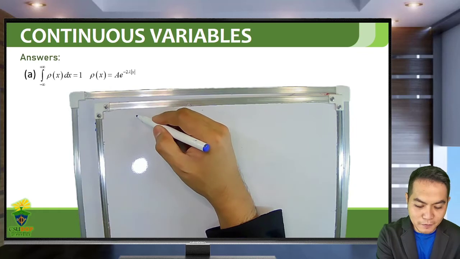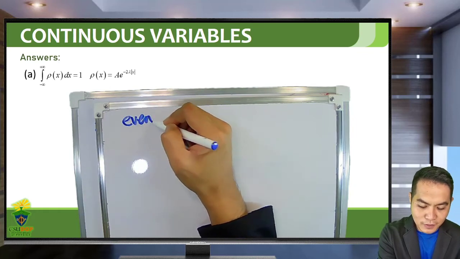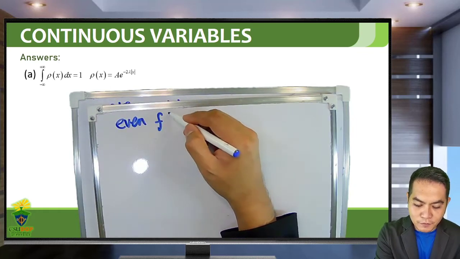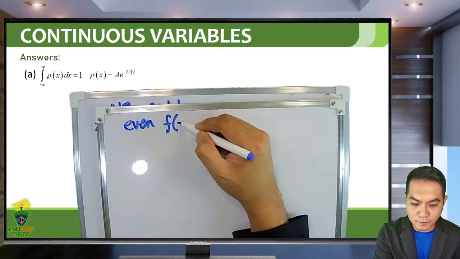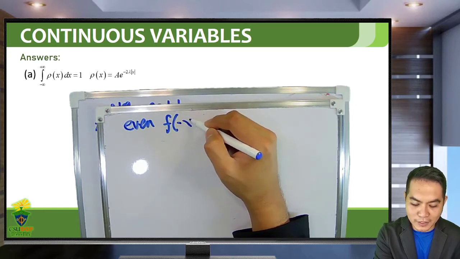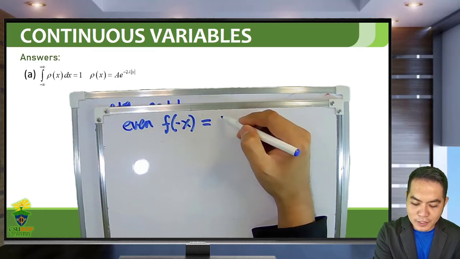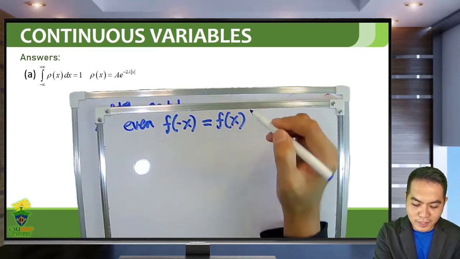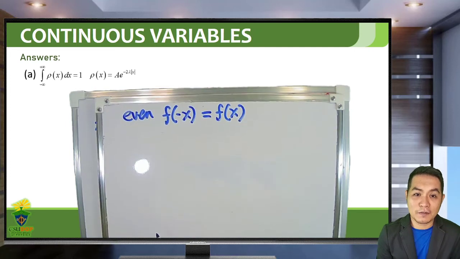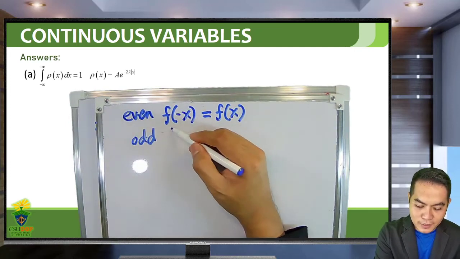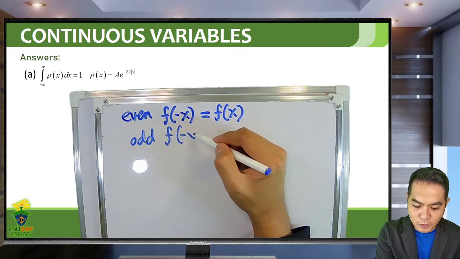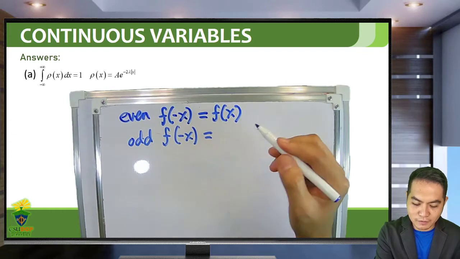By the way, our definition for an even function is this: if you replace the variable of your function by negative x and it's just equal to the original function, say f of x, then that's an even function. An odd function, on the other hand, becomes negative f of x if you replace the variable by negative x.